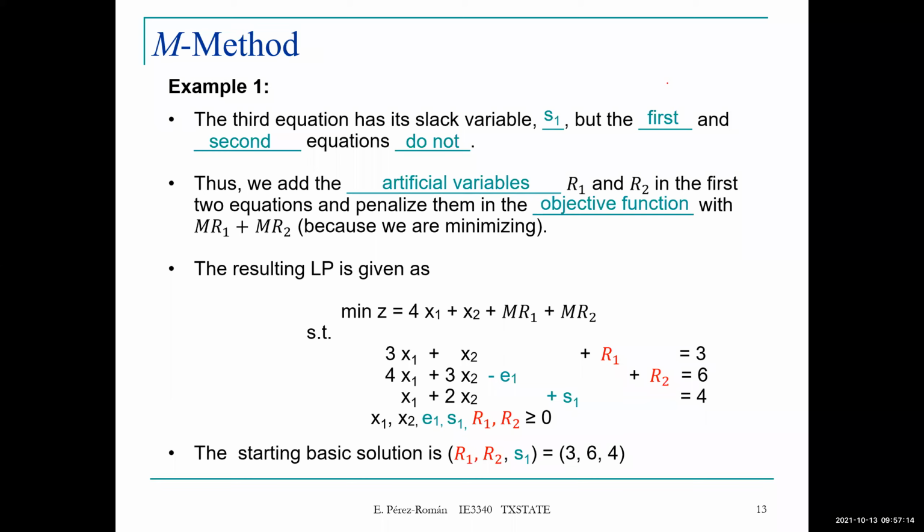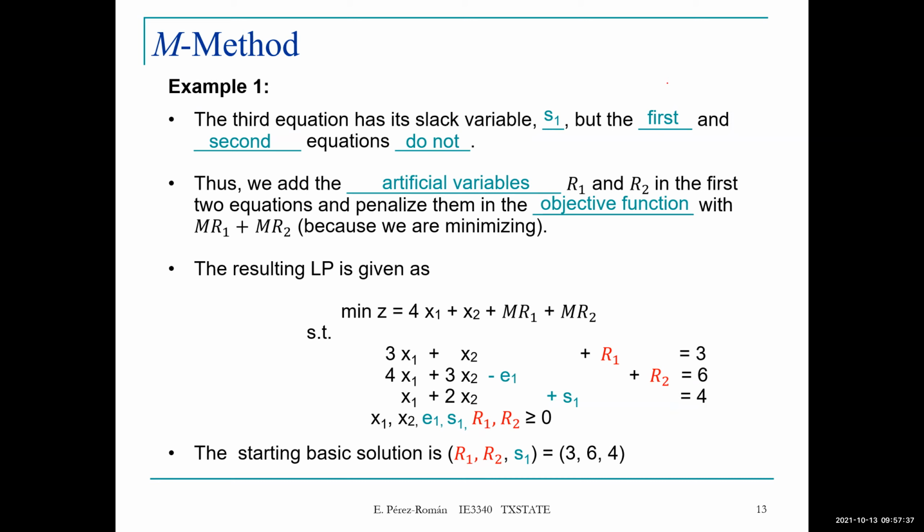We're going to have the minimization of z equals 4x1 plus x2 plus M times R1 plus M times R2. Subject to, so now you're adding an artificial variable R1 to constraint 1, and you're also adding an artificial variable to the second constraint.